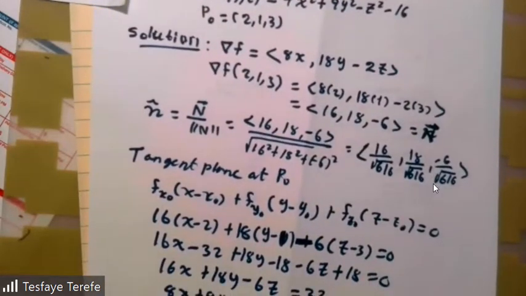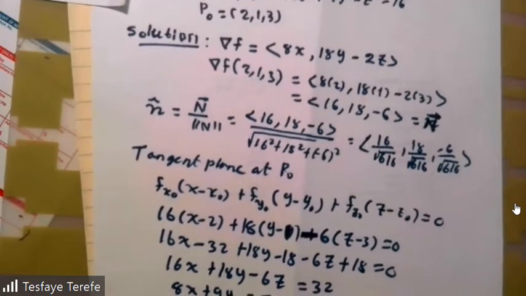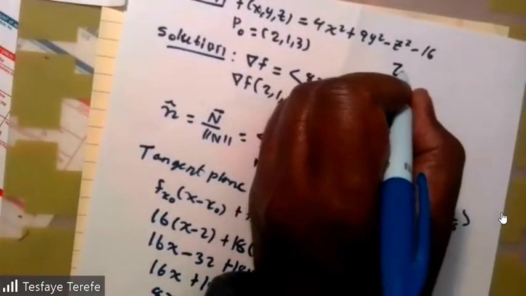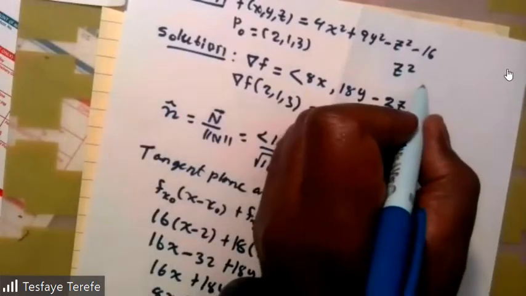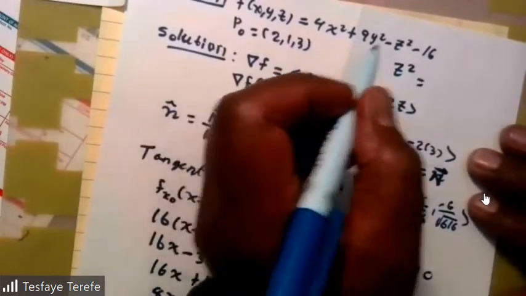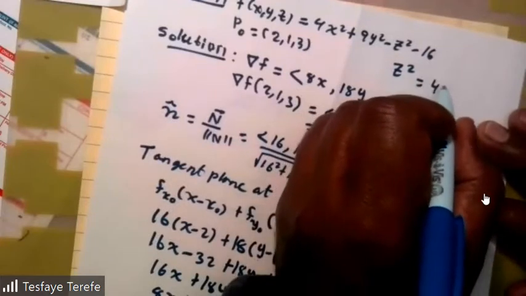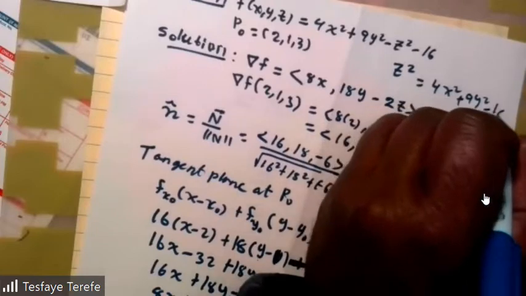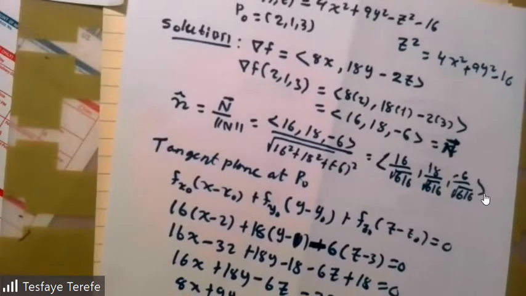If you look at this surface, it is actually a cylinder that is symmetric about the axis. If you want, by completing the square, you can bring it to z squared equals 4x squared plus 9y squared minus 16, and it is a hyperboloid of one sheet.